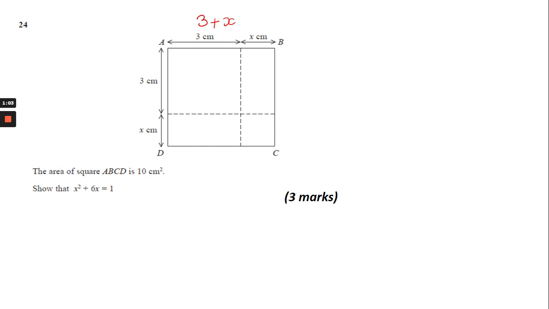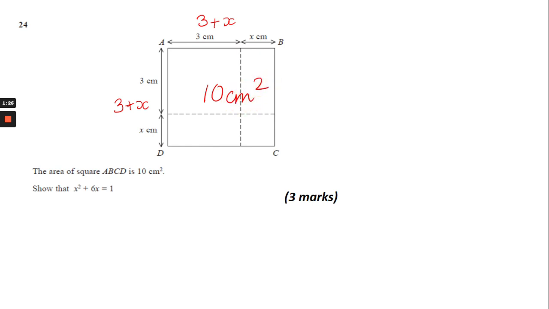Now it's a square, so this length is also going to be the same. So we can write this as 3 plus x over here. And now all we need to do is show that x squared plus 6x is equal to 1, knowing that the area of this whole thing is equal to 10 centimetres squared.